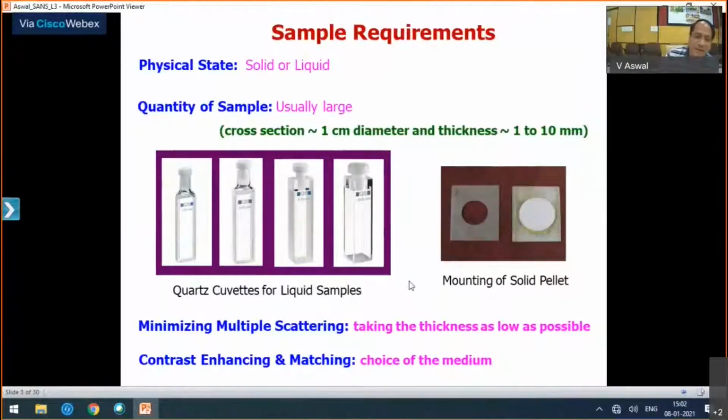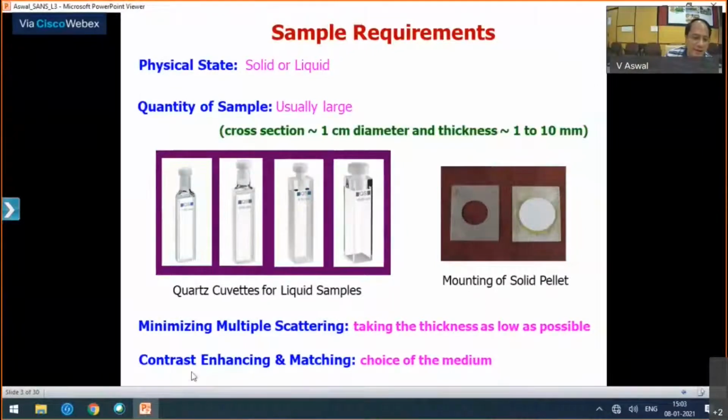You need larger thickness for doing small angle neutron scattering, but you should also make sure that you minimize multiple scattering, because most of your theoretical formalisms are for single scattering. If you have too much multiple scattering, then the data analysis becomes very, very difficult. So you have to maximize intensity, but at the same time make sure that you don't have a strong contribution from multiple scattering. Otherwise, data analysis will become very complicated.